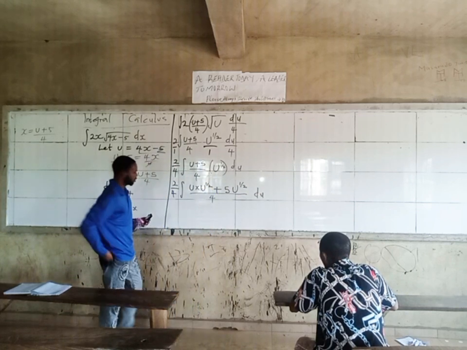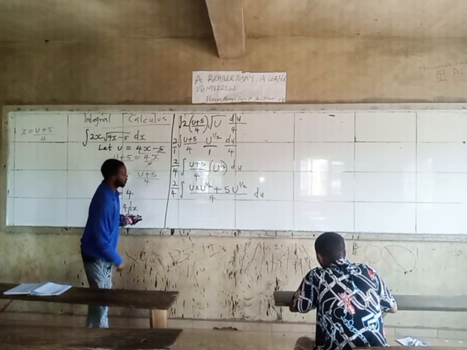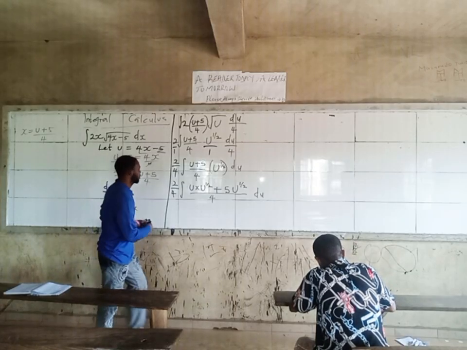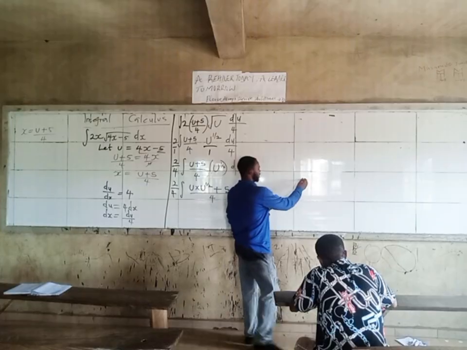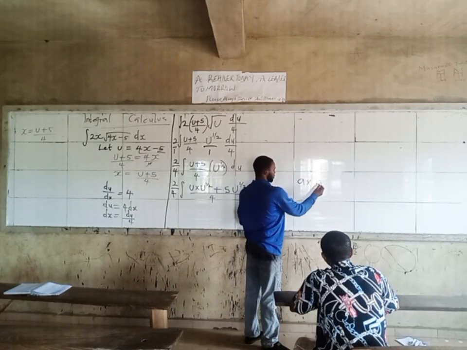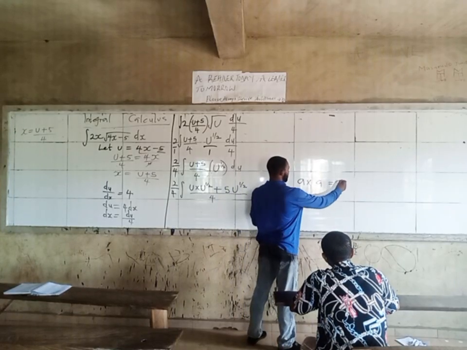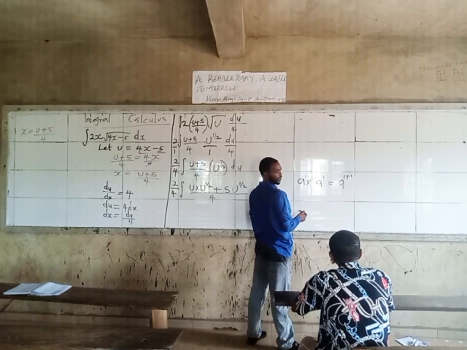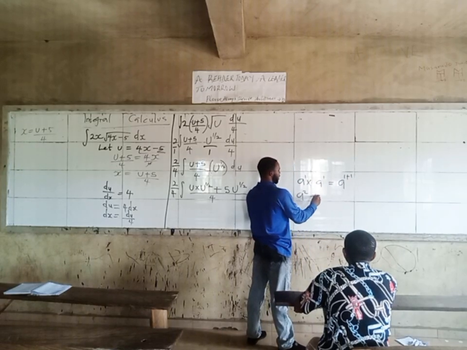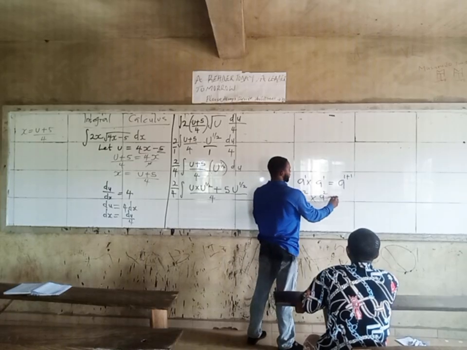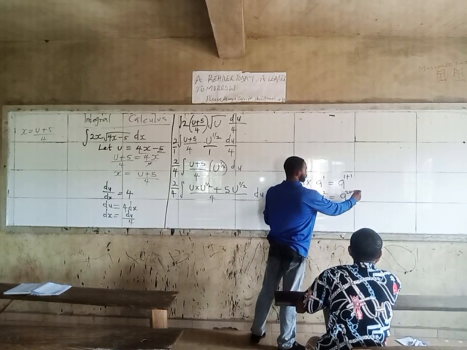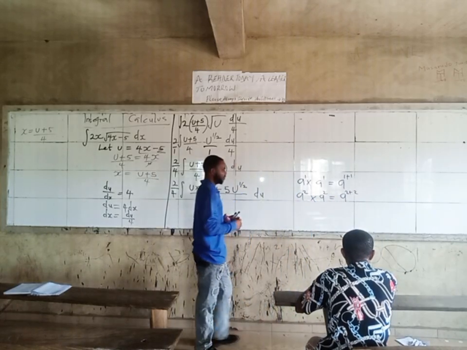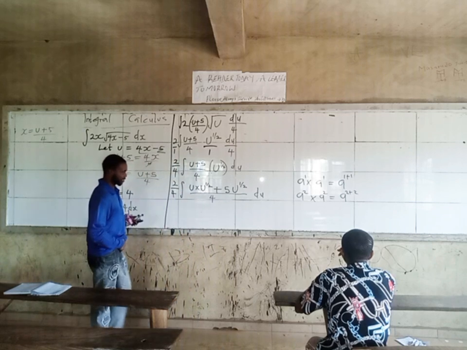Now, notice something. In indices, we normally say that if I have a times a, that is the same thing as saying a raised to power 1 plus 1, because there's 1 here, there's 1 here. If I have a squared times a squared, it's the same thing as saying a raised to power 2 plus 2. If the bases are the same, add the powers.